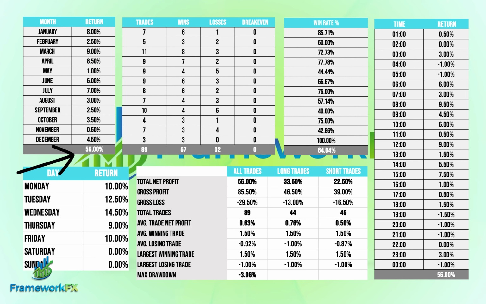So that's pretty great. We're pretty pleased with that because it was a strategy that didn't take a lot of managing really, and the win rate on it was 64.04%, so about 64% win rate, and that's exactly really where we want to see our win rate.